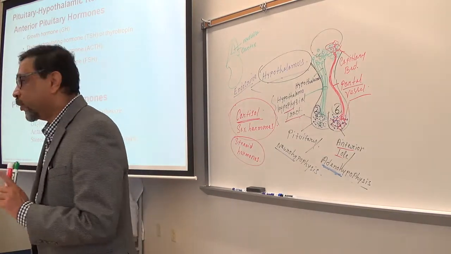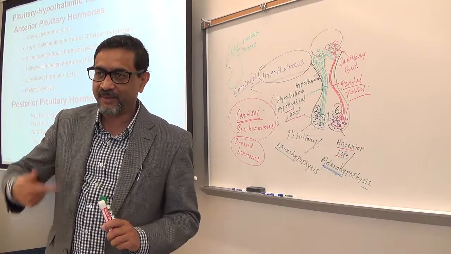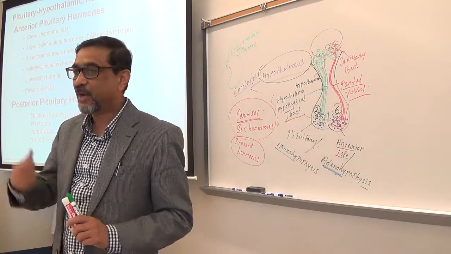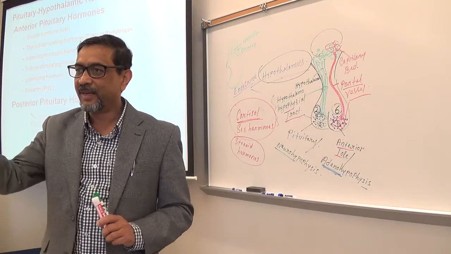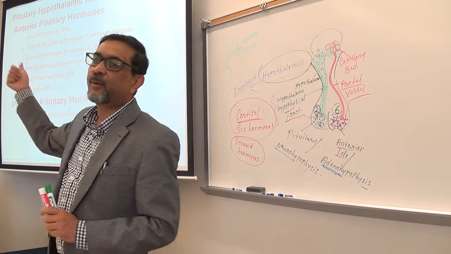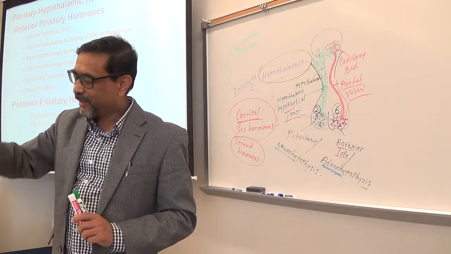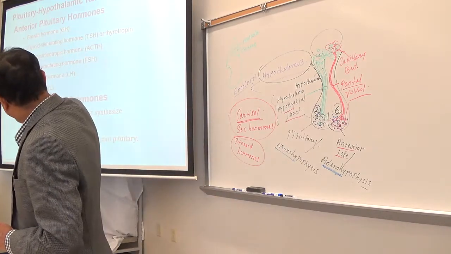So action is more in female gonads, because inside the ovary, the ovarian cycle occurs. Ovulation, the release of egg, right? Those are helped by these two hormones. In male, works on testes, and helps in sperm formation.